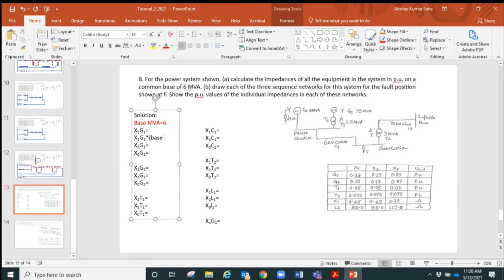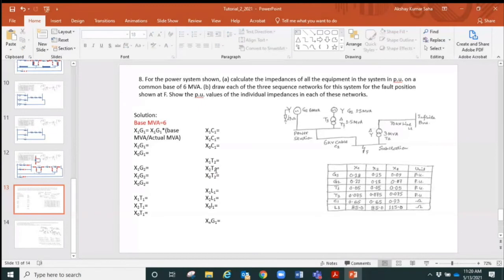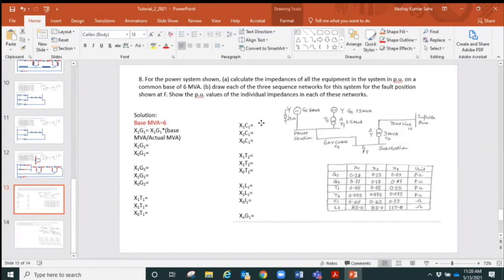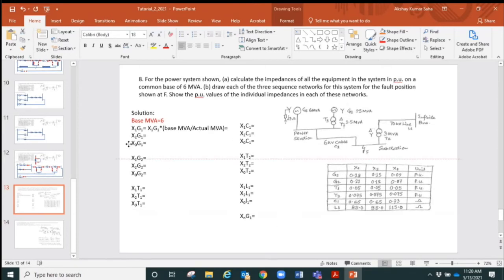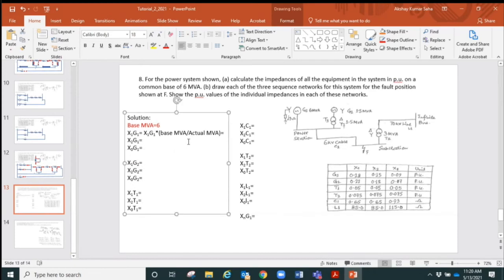Times base MVA over actual MVA. Now you must calculate it and tell me. Don't waste time, please. All the answers for generator 1 will be the same as what's in the table.